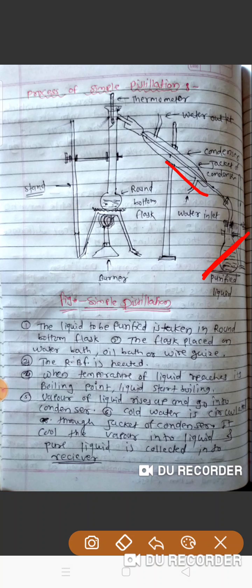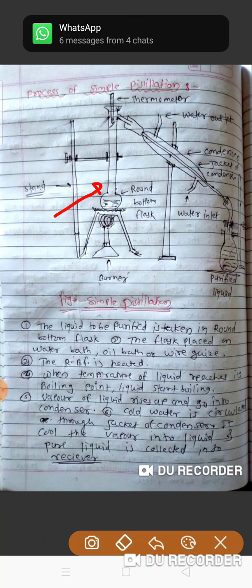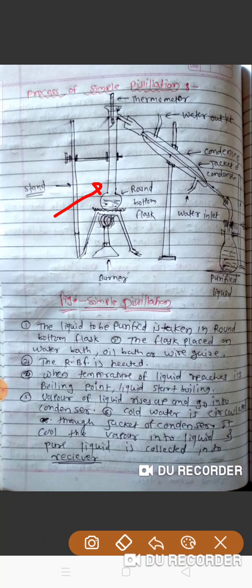Again I can revise. This is the apparatus used for simple distillation. The apparatus consists of a round bottom flask. The round bottom flask has a side arm connected to the condenser, and the condenser has a jacket through which cold water is circulated.